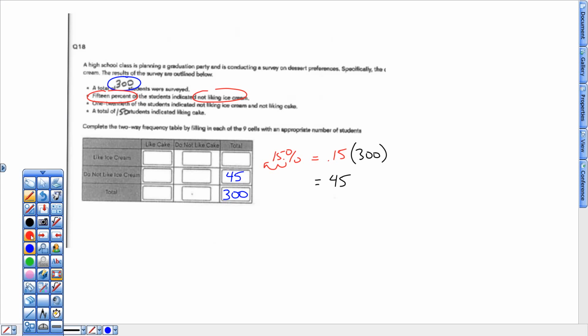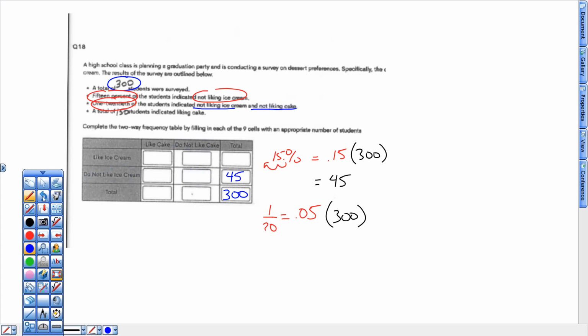All right, the next one, 1/20th as a fraction. If you divide that, 1 divided by 20 gives you 0.05 as its decimal. Don't change it to a percent because you want to leave it as a decimal. Times that by 300, and this is going to give me the total students who did not like ice cream and do not like cake. So that one you're going to have to find the intersection where people do not like ice cream and do not like cake.